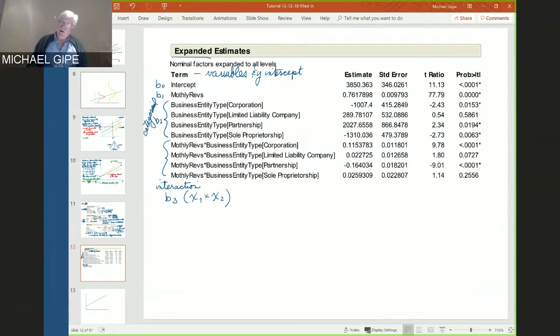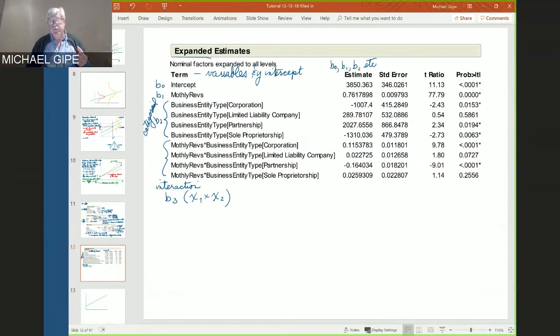So here are our estimates. We have a number. These are B0, B1, etc. And so the intercept here is 3850, and so we build our model: y equals 3850 plus the coefficient of monthly revenues, 0.76 times monthly revenues, and so on.